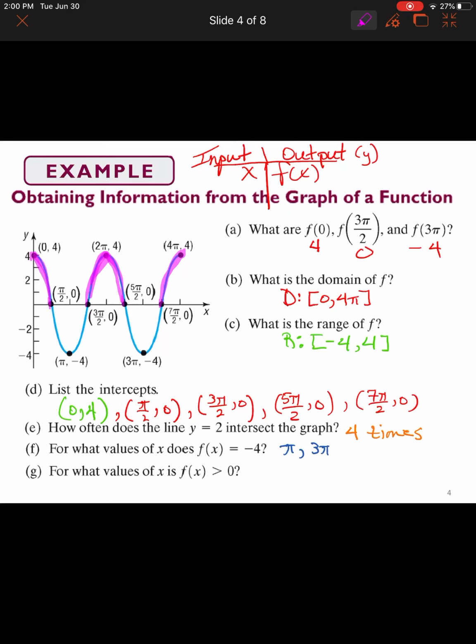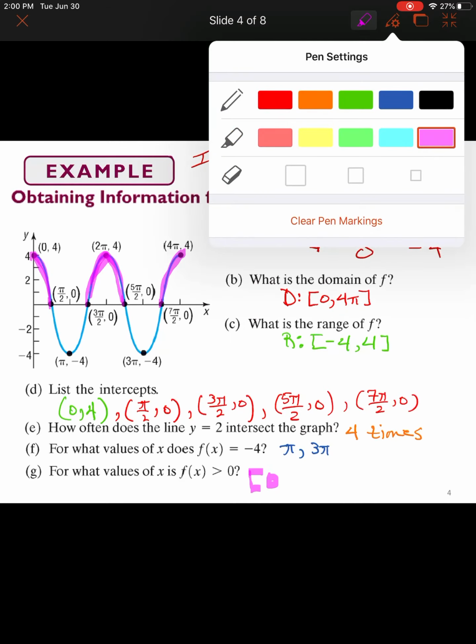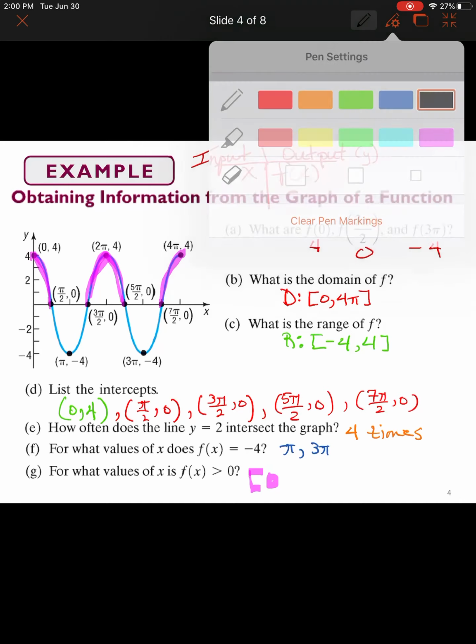Now, how to write that out? So for what values of x, all right, I'm going from 0. Let me change this over right quick. Let me put this back on pencil.